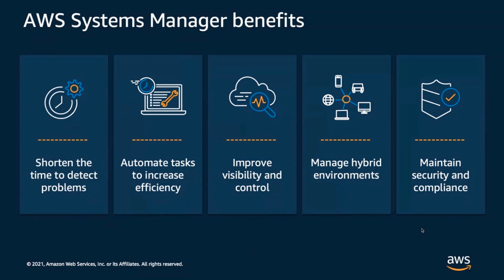The idea behind the visibility is to shorten the time to detect problems, to automate the risks, increase efficiency, improve visibility and control over the infrastructure, whether this infrastructure is on the cloud or on premises, because it works on hybrid environments. It also helps you maintain security and compliance because it integrates with our security and compliance tooling.